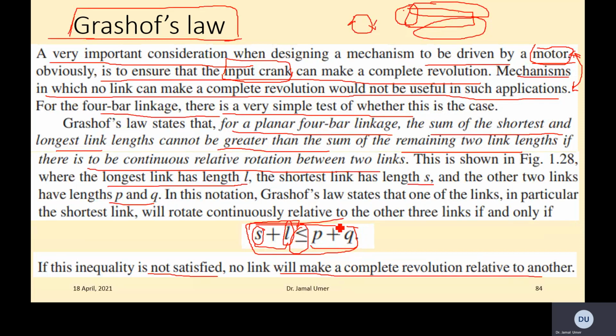If you perform this test on a 4-bar link, you can easily say whether it will work or not. That's the answer you will get from Grashof's law. Will it work means the crank is able to rotate with a complete revolution. If it's not able to rotate, you are not getting any useful work from it.